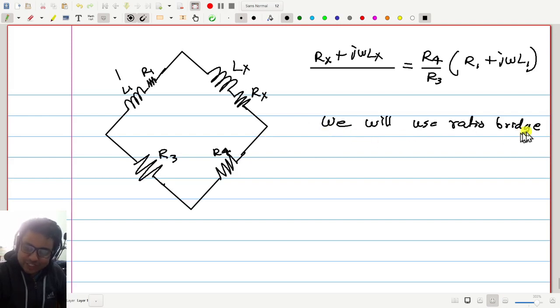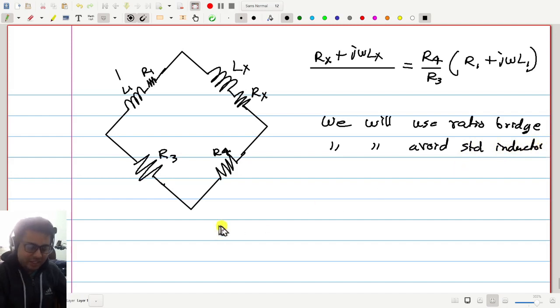We will use a ratio bridge, but we will avoid a standard inductor. As you suggested, one possibility is this. Because for a ratio bridge, it's not necessary that these two should be purely real. What is necessary is that their ratio is pure real or pure imaginary.